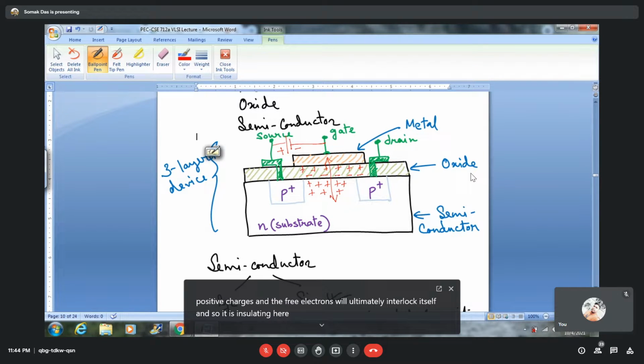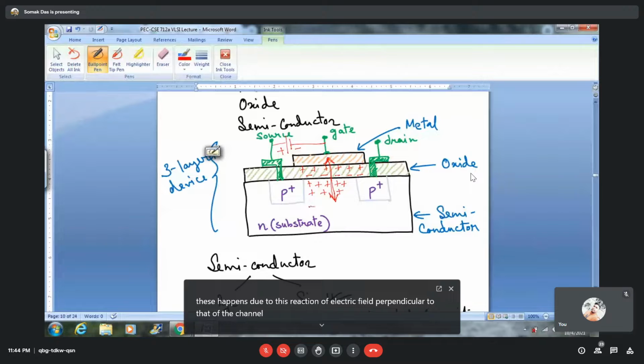But the alignment of positive charges will be towards the metal oxide interfacial junction, and the alignment of free electrons will be towards the semiconductor oxide interface. So this happens due to the creation of electric field perpendicular to that of the channel.